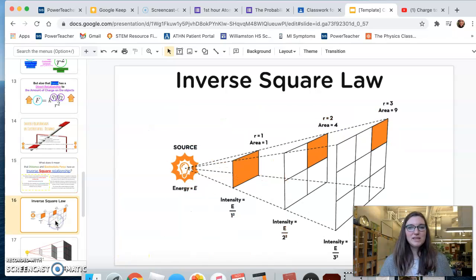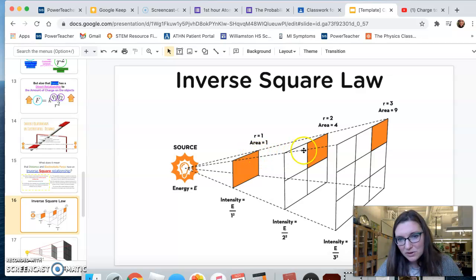So to show what that means, it's one thing to look at the words of it, but this is what it means effectively. Thinking about the thing we were talking about earlier, if you have a page illuminated by a light source, the closer that you are, there's way more light on that page, right? If you are this far away from the light source, then there will be this much light on your page. But if you're this far away, all of that light is actually spread into an area that is 2 squared.